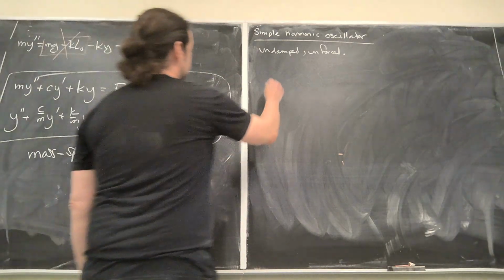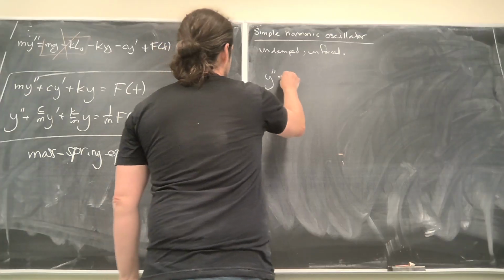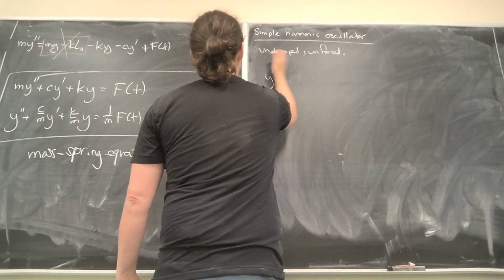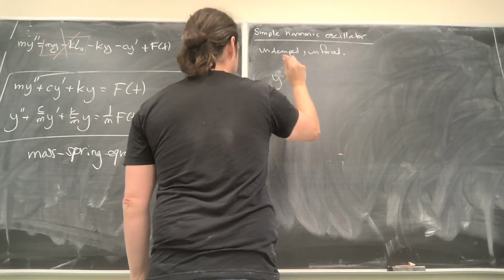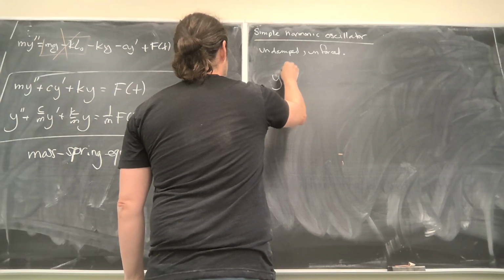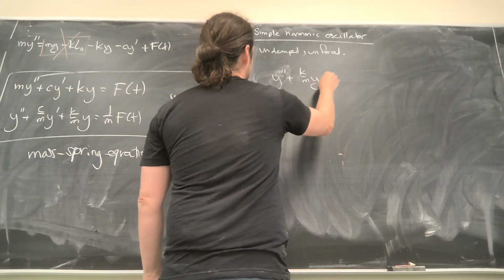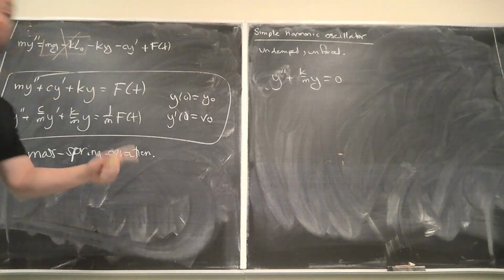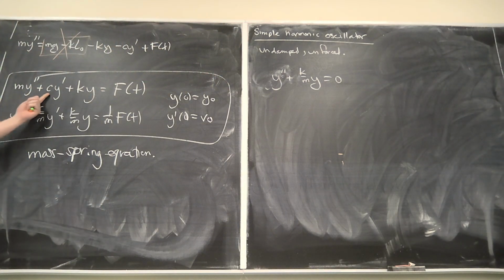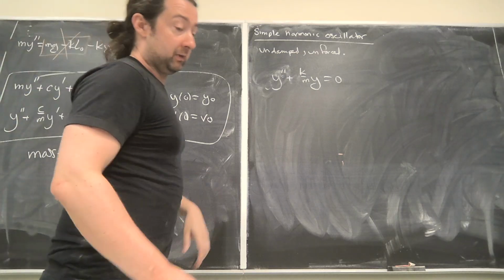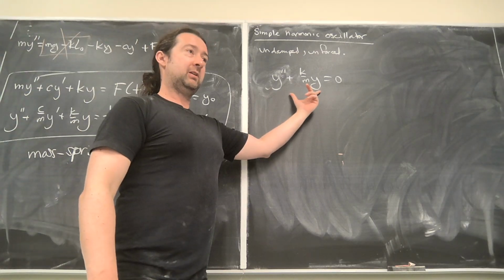So I write down an equation like y double prime plus, I'm going to work in symbols for this one because it's easy, y double prime plus k over m y is equal to 0. There's no damping term, so the c is equal to 0, and there's no forcing function. And I think it's an easy mistake to make to think, well, nothing is going to happen here because it's equal to 0.